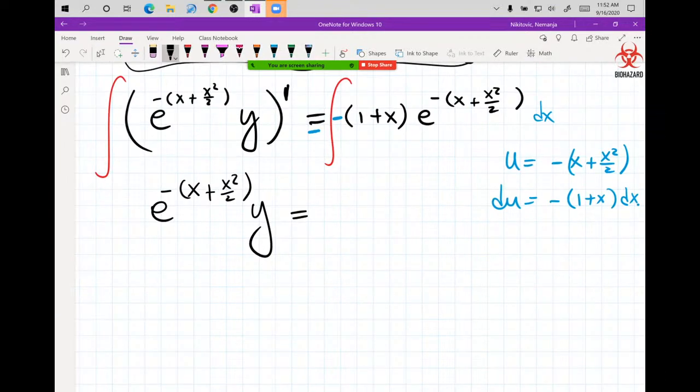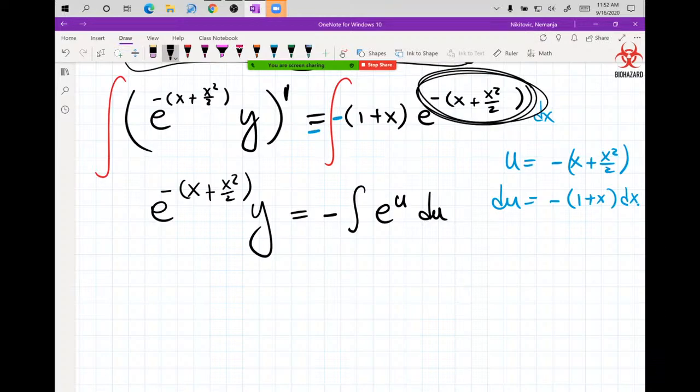And it becomes negative integral of e to the u du. Because this thing here is u, and all of this stuff in here, including dx, is du. It's a Calc 1 substitution.